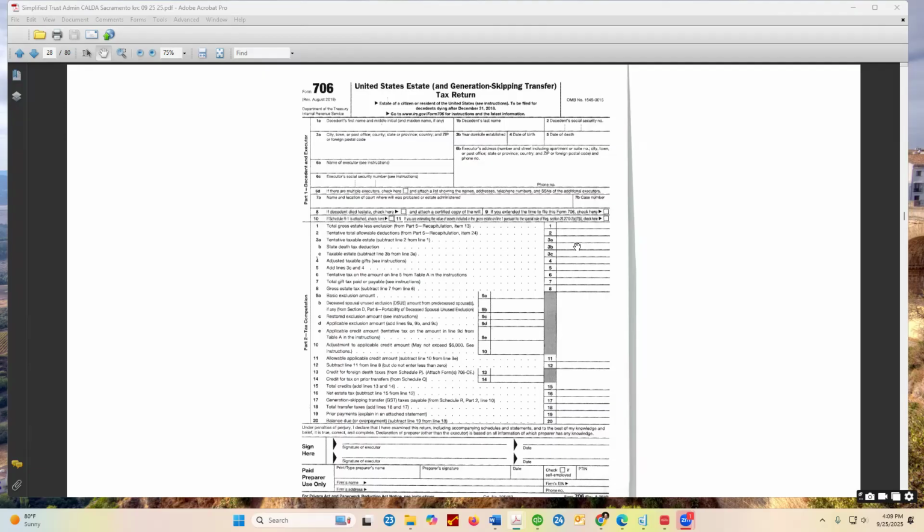And when the amount on line 8, in this case, exceeds 15 million, then based on the total on line 8, and then on line 9, we start getting the exclusion. You can see how much of the estate is subject to the estate inheritance tax return.